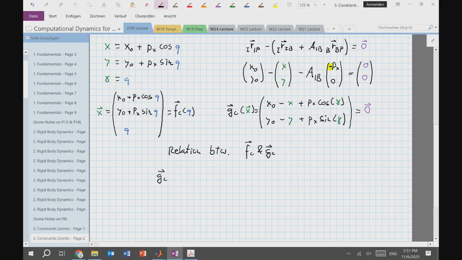So if gc of x is equal to 0, and x is given as fc of q, what do I get when I take gc of fc of q?